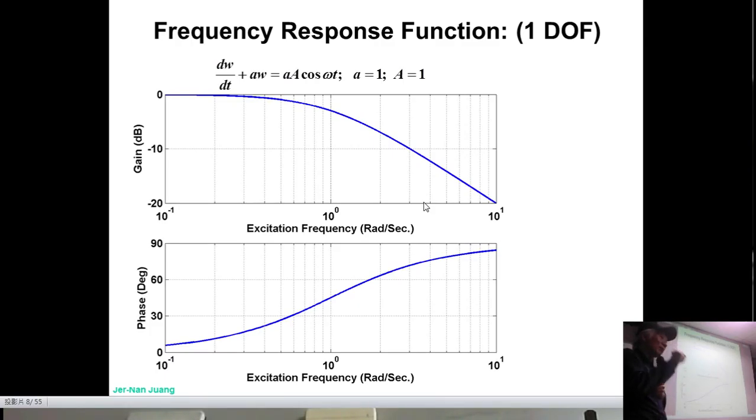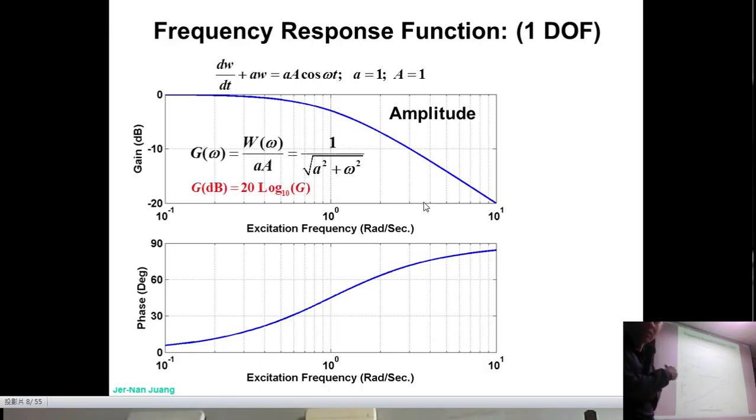What I really want to do here is explain to you the physical meaning of the gain W and the phase angle. Any questions? No? Okay, think about that. Again, I'm not talking about math, I'm talking about meaning.